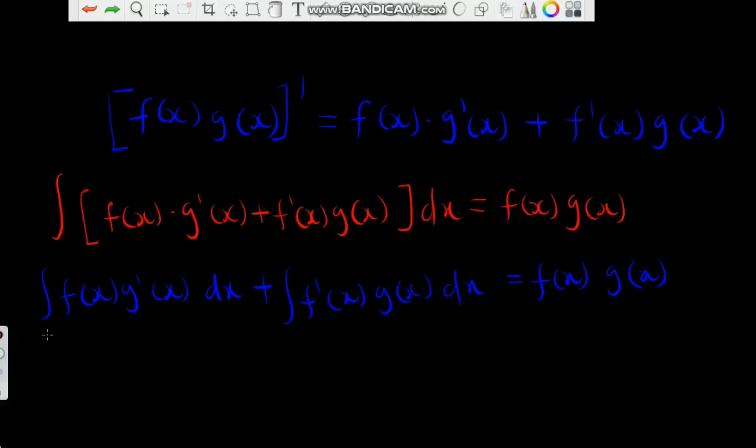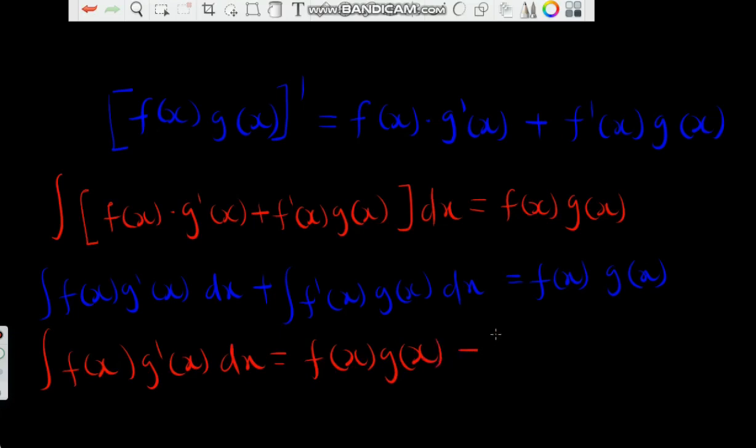At the end, I'll have the integral of f of x times g prime of x dx equal to f of x times g of x minus the integral of f prime of x times g of x dx.